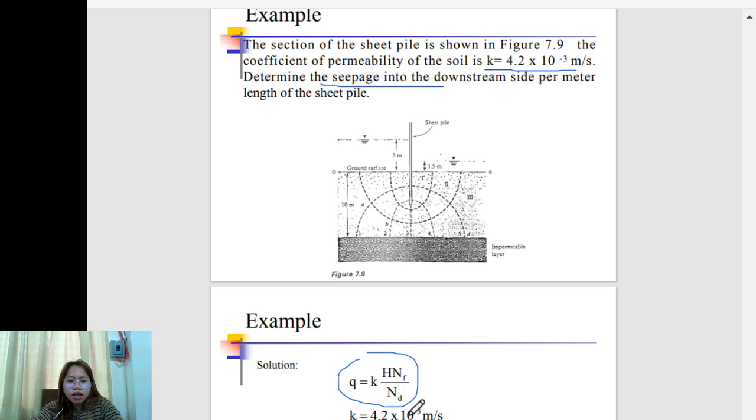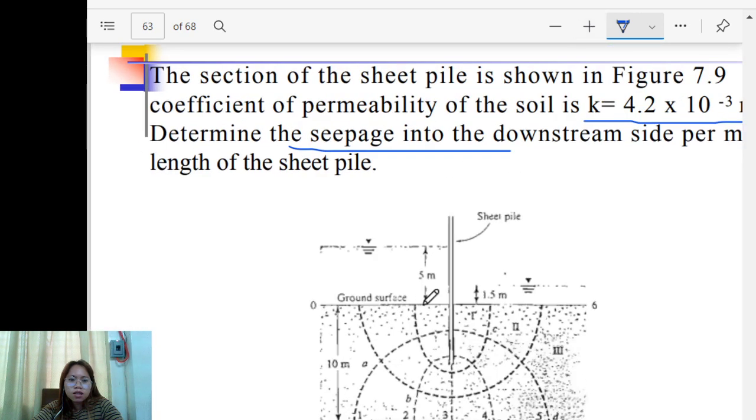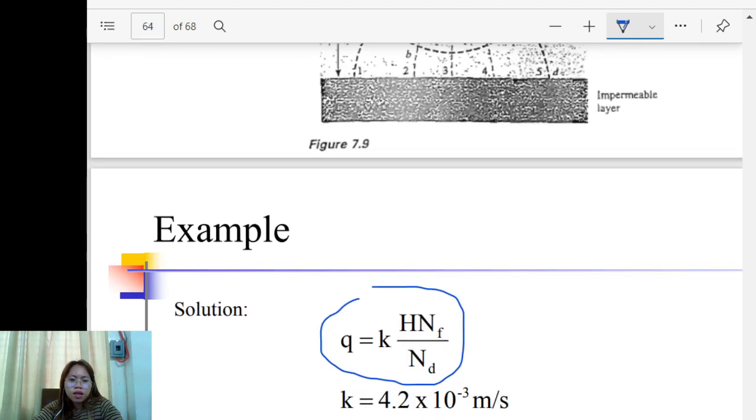So munang K is 4.2 times 10 to the negative 10, and number of flow lines is actually 1, 2, and 3 because the flow of water is padong man siya dito, diba? So this is 1, 2, and 3. That is why N sub F is 3.